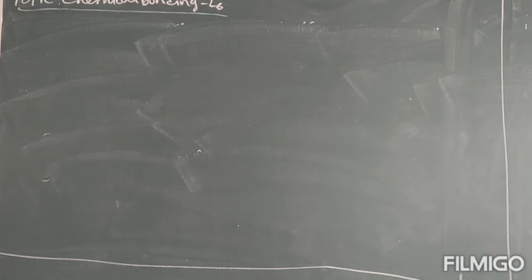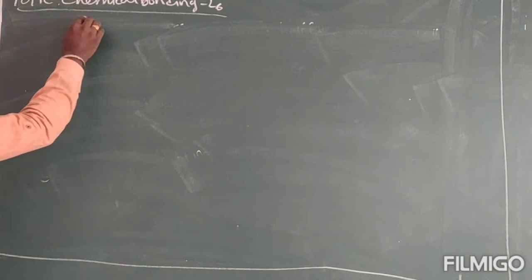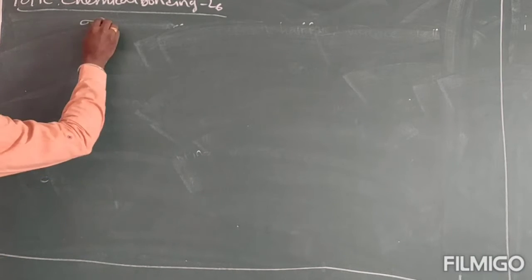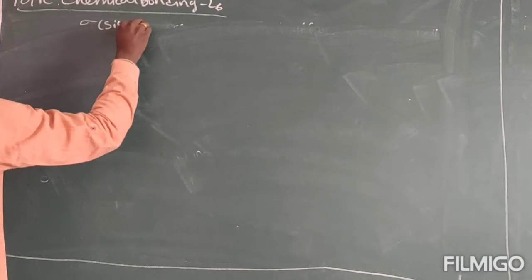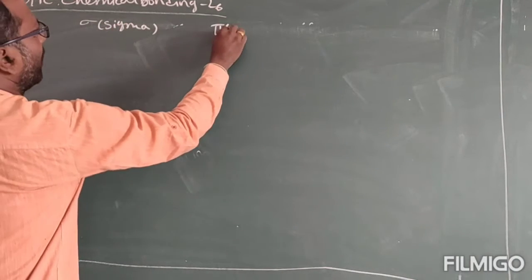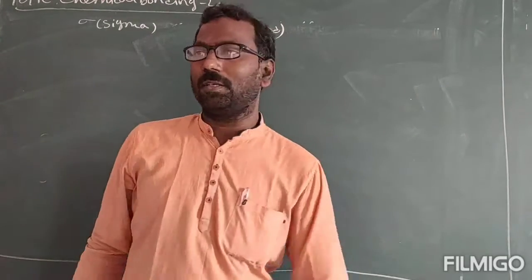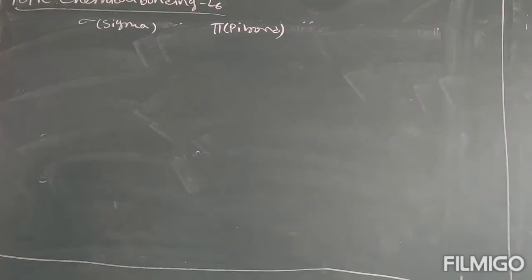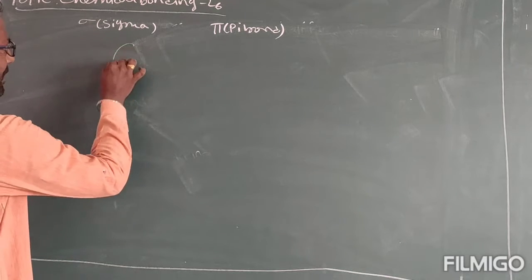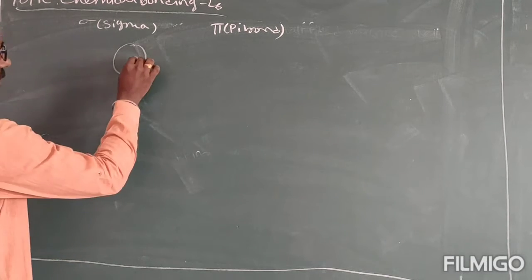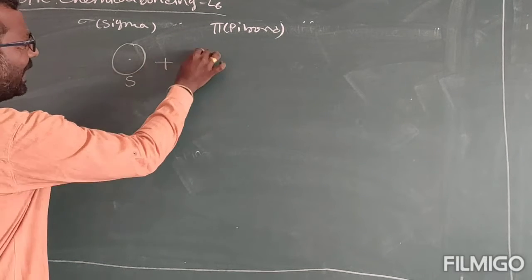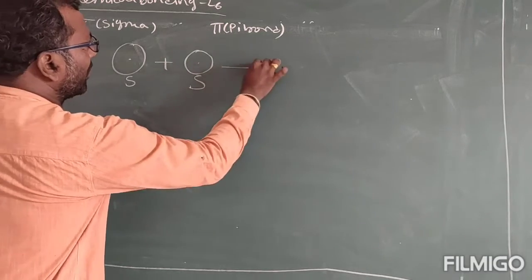Now we will be discussing overlapping. Generally we have two types of bonds: sigma bond and pi bond. In covalent molecules, two types of bonds are formed by orbital overlap. Suppose we consider one s orbital and another s orbital.